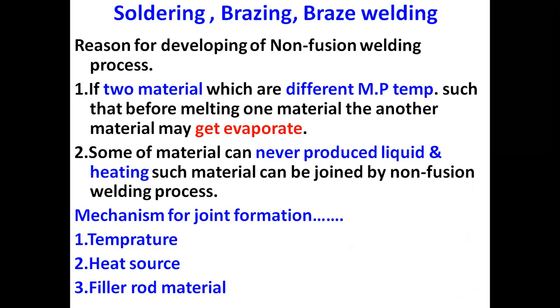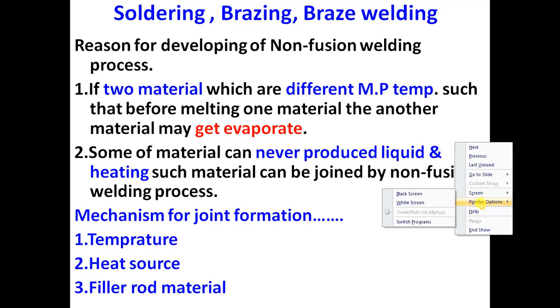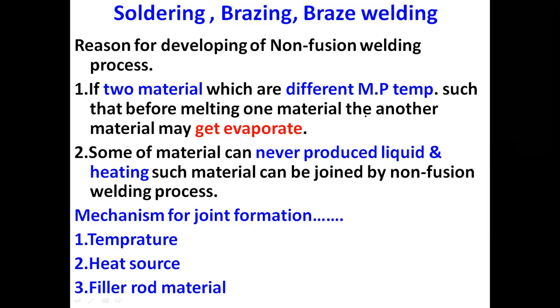As we have seen, all welding techniques reviewed so far involve partial melting of the base metal to form a homogeneous bond. But in the soldering and brazing process, a joint is formed without melting the base metal to form a homogeneous bond.